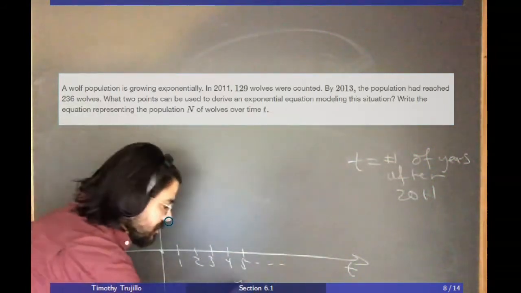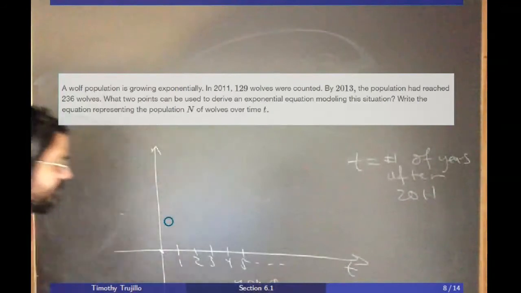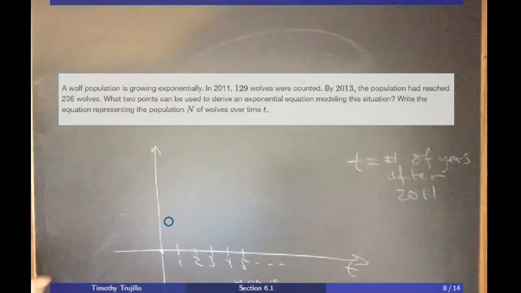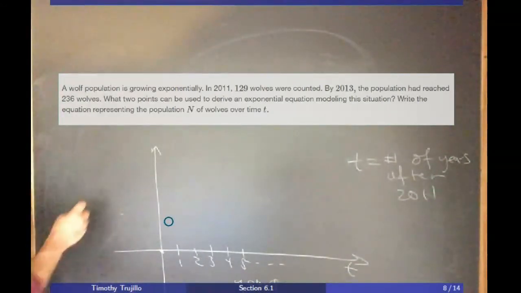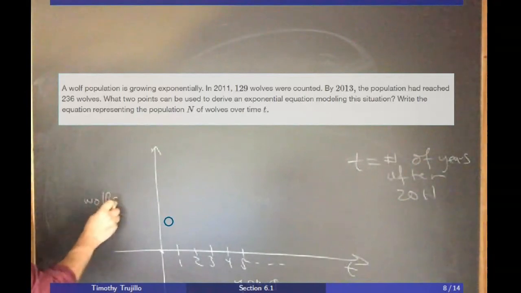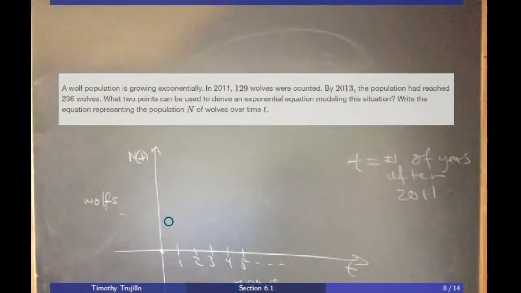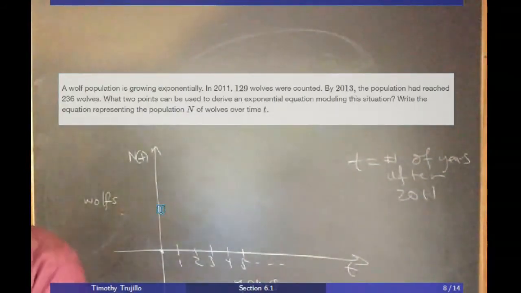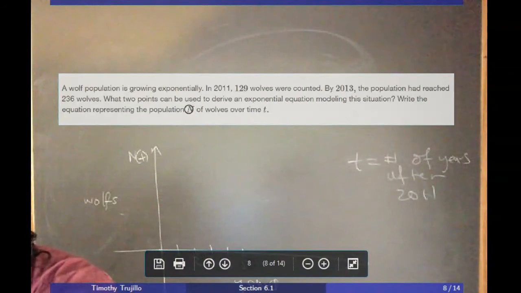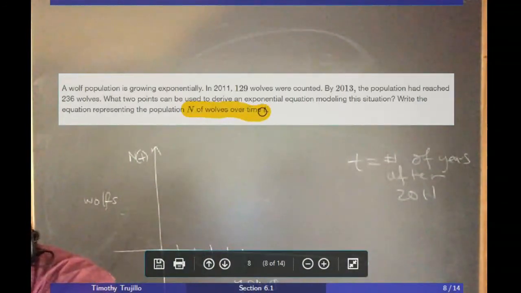And this is measured in years along this side. And then over here, this is measured, I guess, in number of wolves. And this side we'll call n of t, okay? Because here they're asking us to write down the population of these wolves as a function of time.